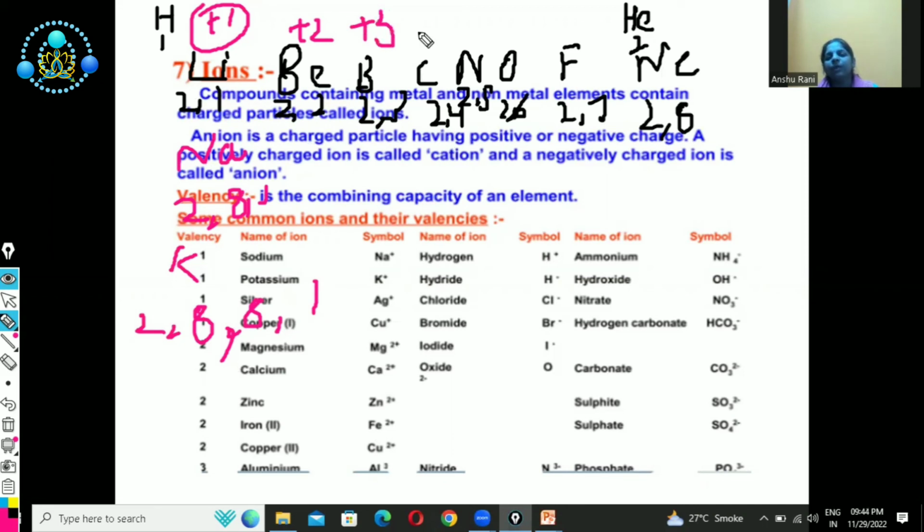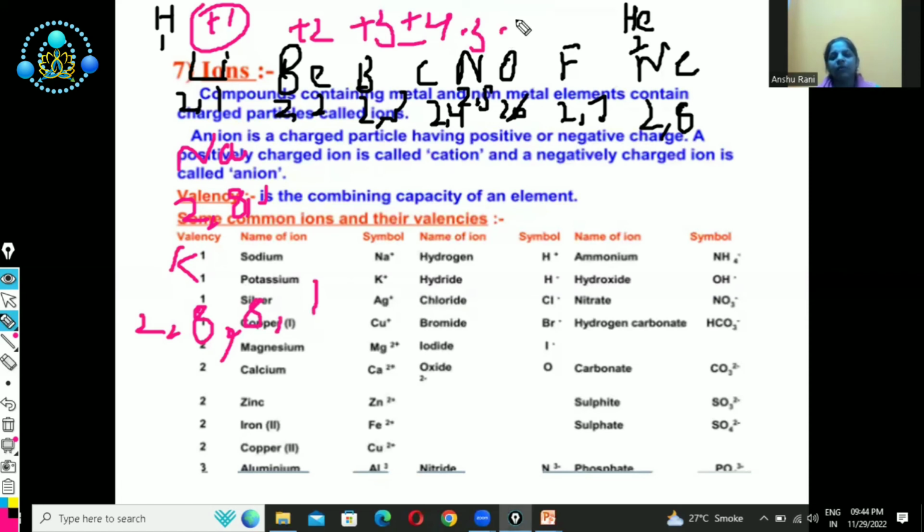Then the carbon family, they are having 4 electrons in the outermost shell. By convention, their valency is written as ±4. Actually, this group has a tendency to share electrons. They don't lose or gain electrons, but by convention, we are writing ±4. The nitrogen family has a valency of -3 as they are having 5 electrons in the outermost shell. They have a tendency to gain 3 electrons.